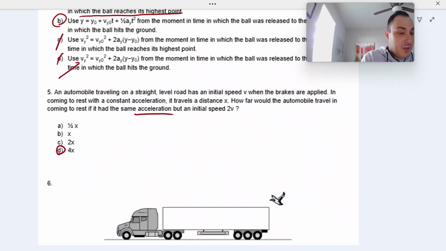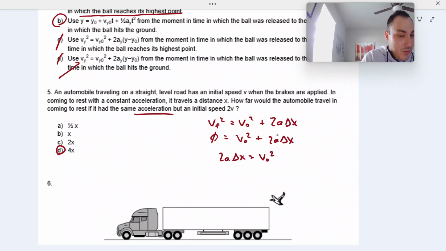So we're going to use this equation, v final squared equals v initial squared plus 2a delta x. We're coming to a rest, which means v final is 0, equals v initial squared plus 2a delta x. So we can say that 2a delta x is equal to v naught squared, because we can also say that a is negative.